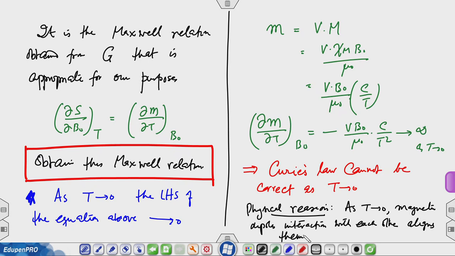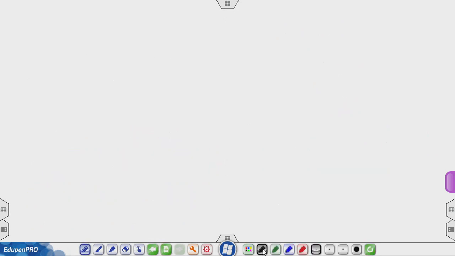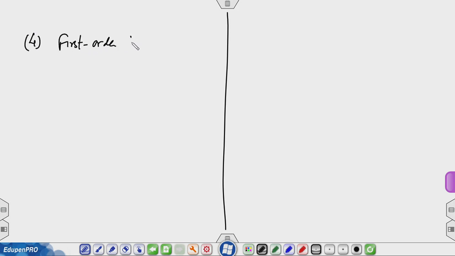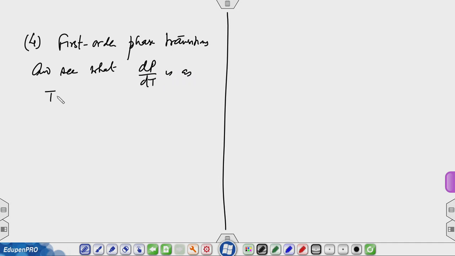Now, next, I'm going to consider first order phase transitions and see what dP/dT is as T tends to 0.